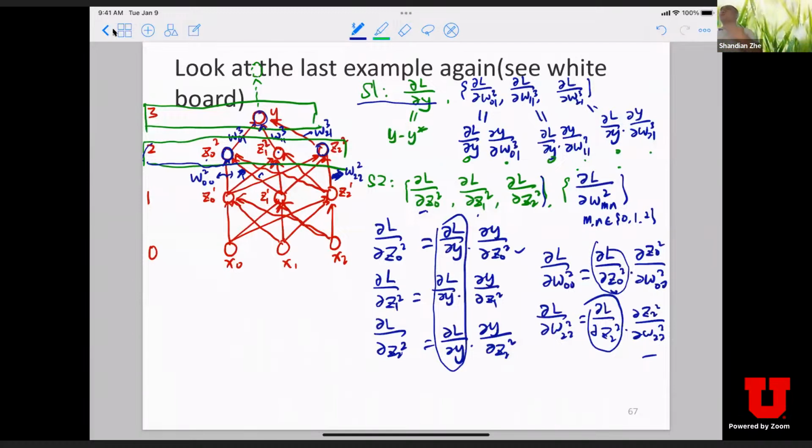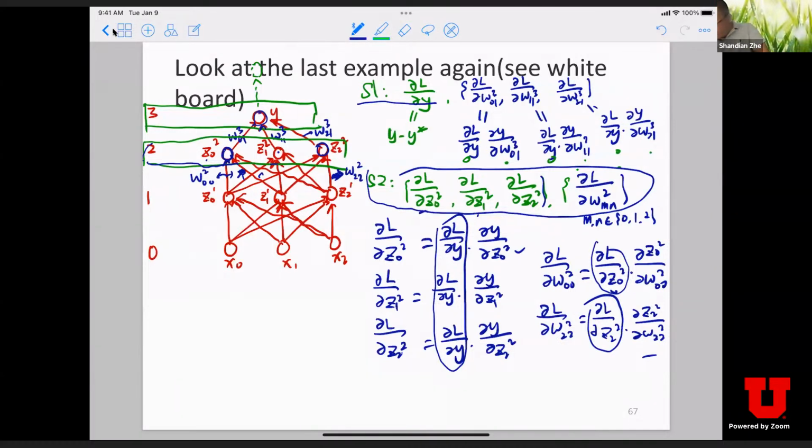And then you take the partial derivative over these neurons, and then take the partial derivative of those neurons with respect to the weights, right? And then we finish the computation of step 2, where we got the partial derivative with respect to all the neurons and all the weights on edges pointing to these neurons. Right?